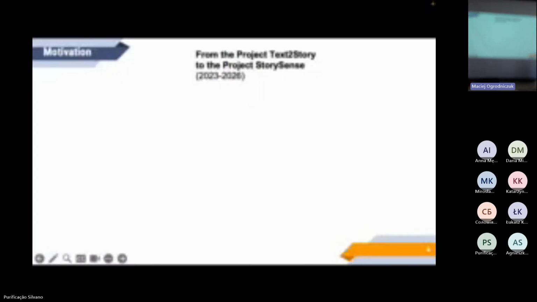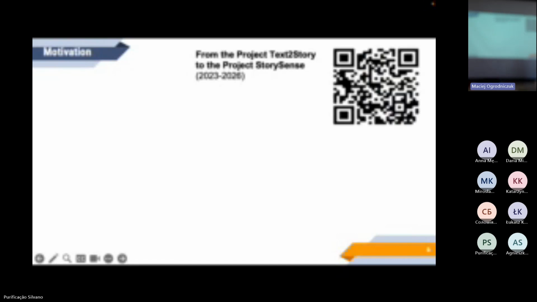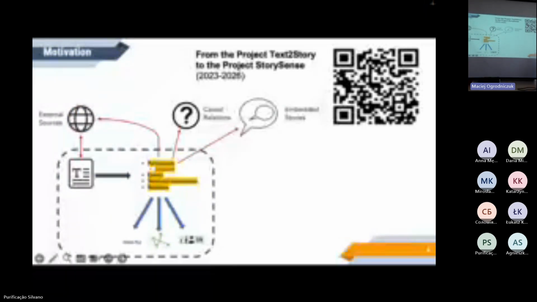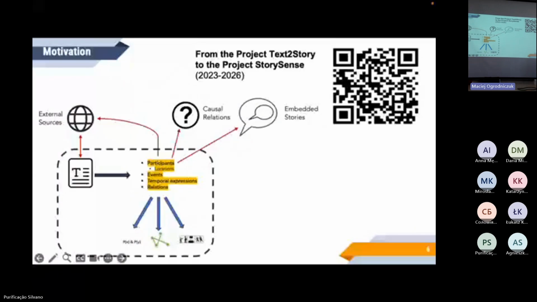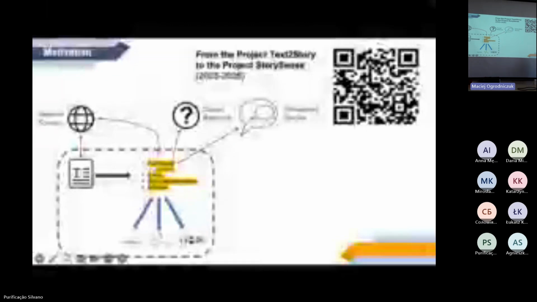From the project Text2Story, we designed another project that is called Project StorySense. And in this case, we wanted to go further into the semantic layers of the narratives. In fact, we wanted not only to continue doing the work from Text2Story, but also to extract, for instance, causal relations between the events, right?